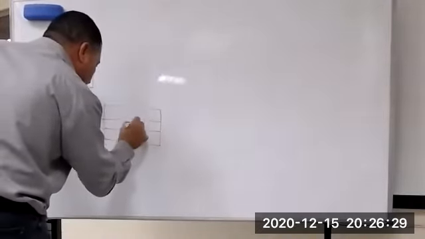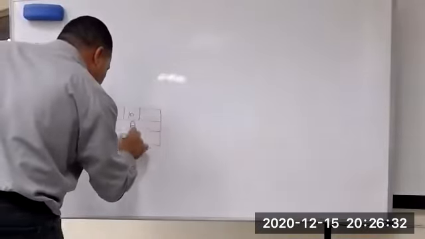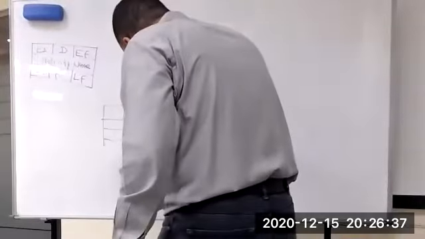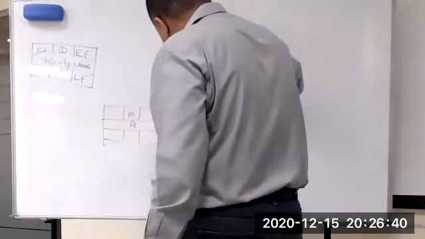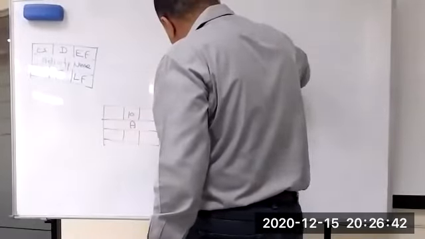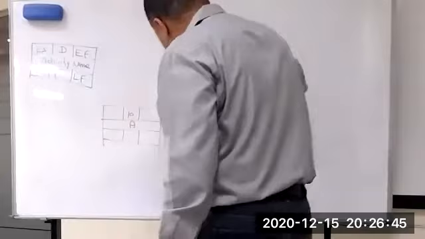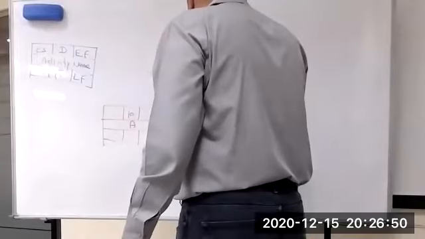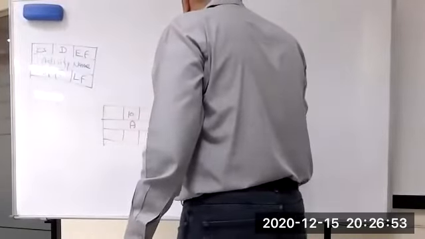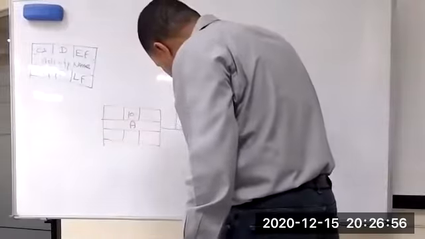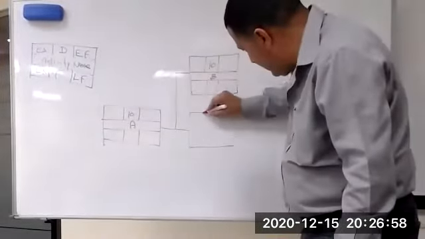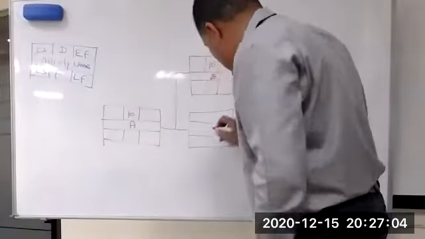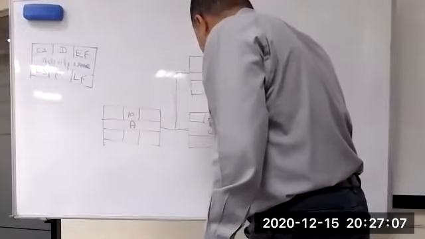Activity A, 10 days. Total duration for activity A is 10 days. B, 10 days. C, 20 days.